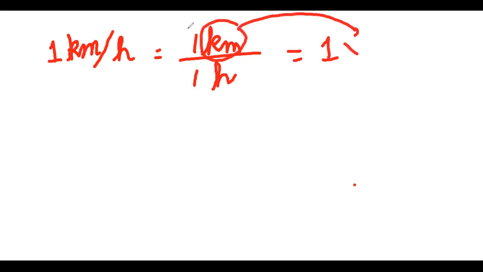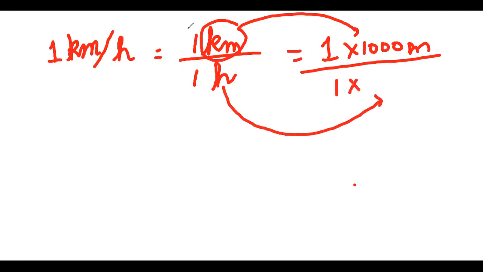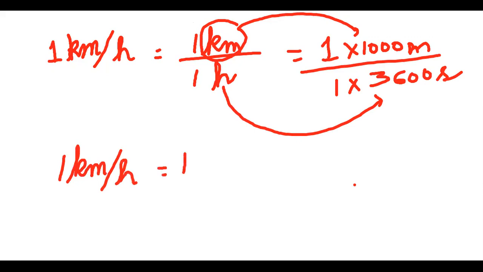Kilometer means 1,000 meter. Similarly, in denominator, write down 1 as it is, and hour means 3,600 seconds.